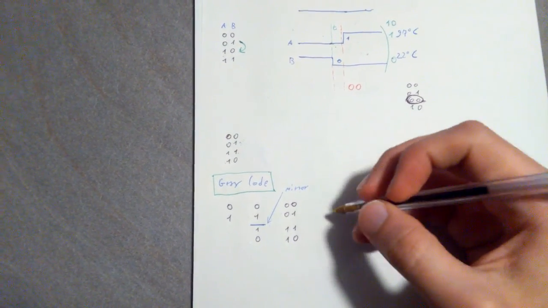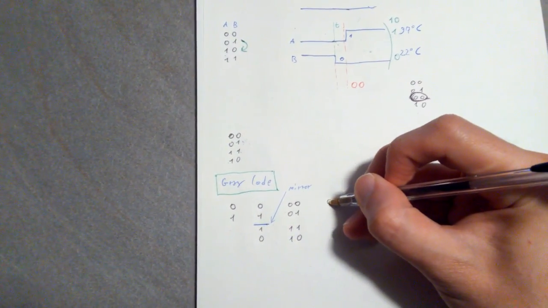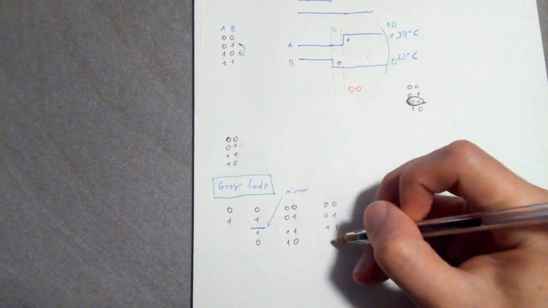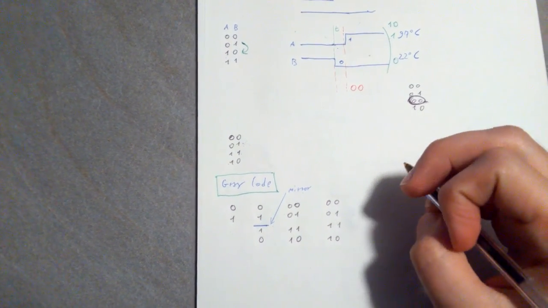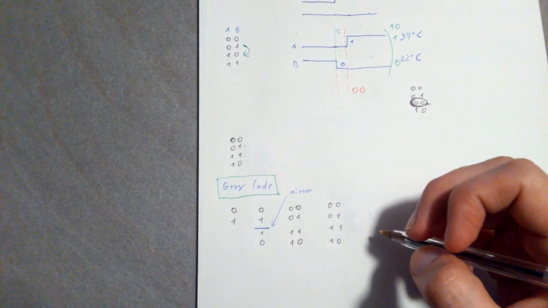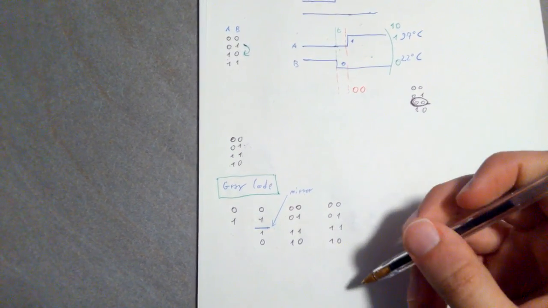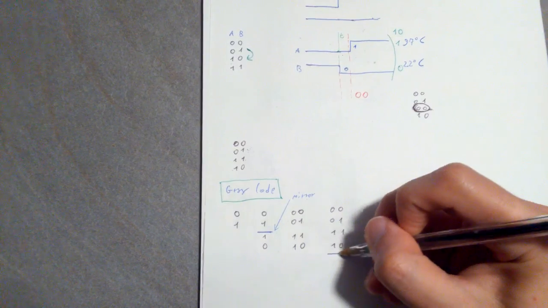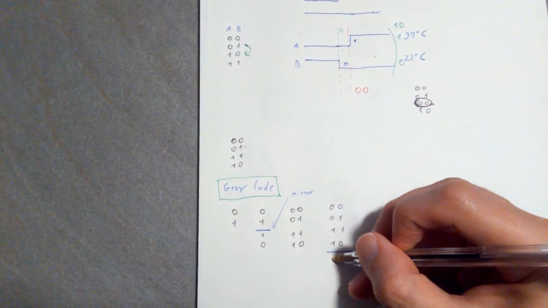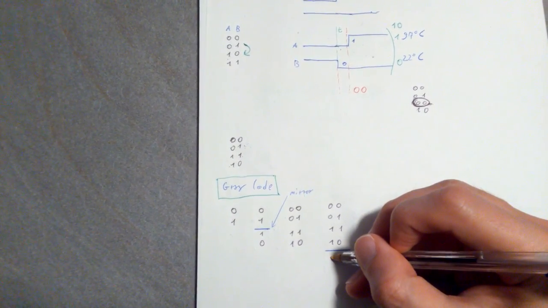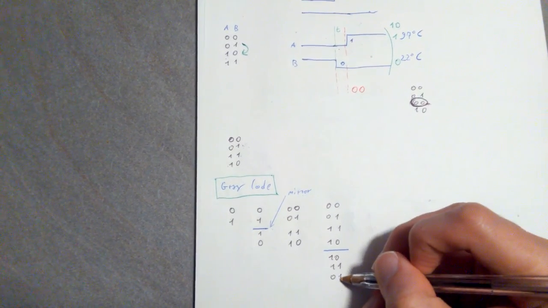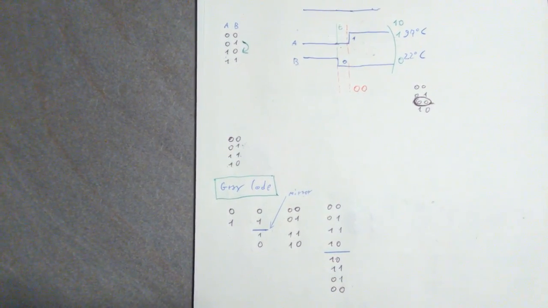So for instance, you go on and you have 00, 01, 11, 10, because you have put this. And then you put a mirror here and you have the same thing. So essentially, you will have 10, 11, 01, 00.